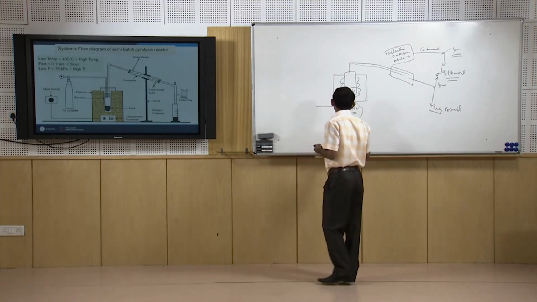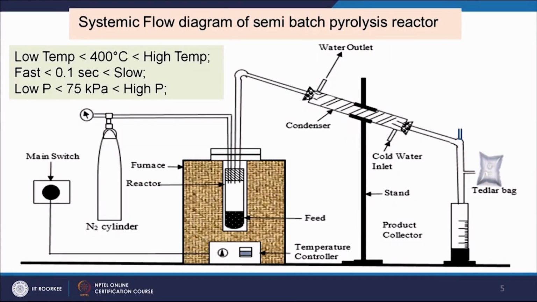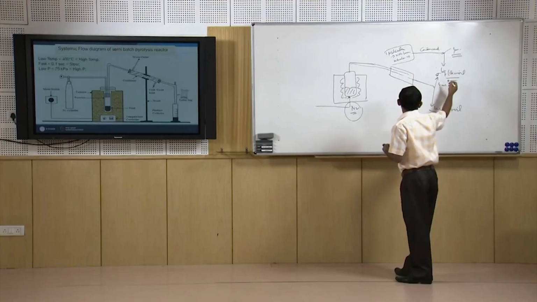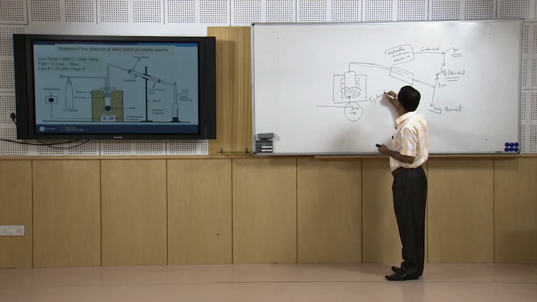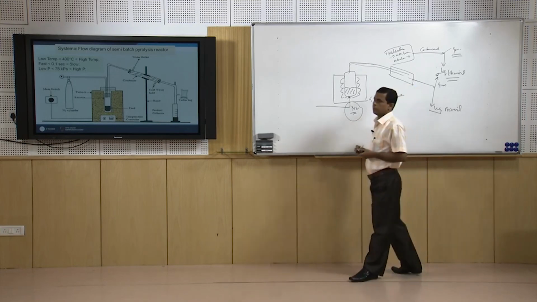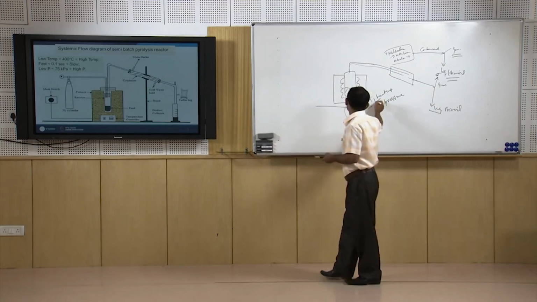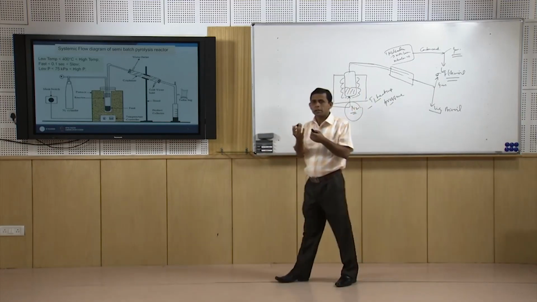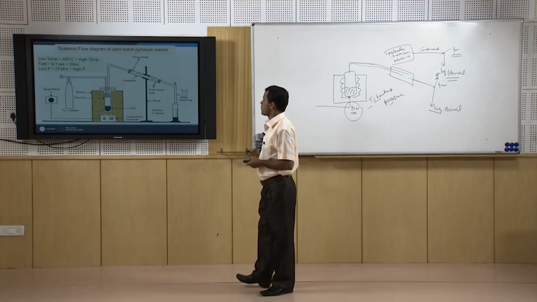Now, the few questions are, what will be the rate of heating, what will be the temperature, and what will be the pressure to maintain for certain products, because the product distribution depends upon the temperature, heating rate, and pressure. On the basis of the variation of temperature, heating rate and pressure, a number of pyrolysis methods have been developed and identified.